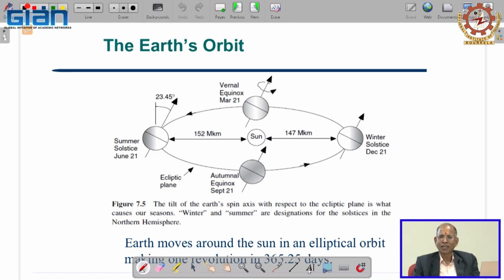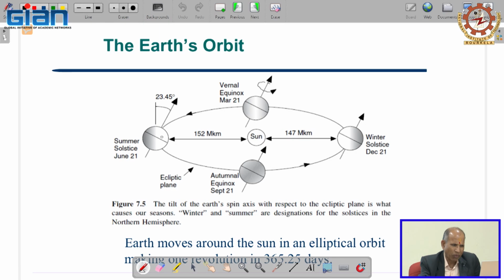Do you agree? Okay. So here you will see that on different days of the year, the distance is different. Okay. So for example, when we have the winter solstice, 21st December, the distance of Earth from Sun is 147 million kilometers.